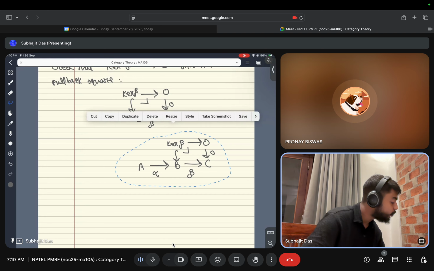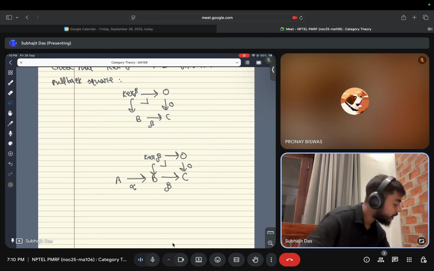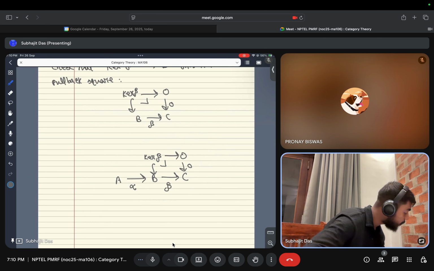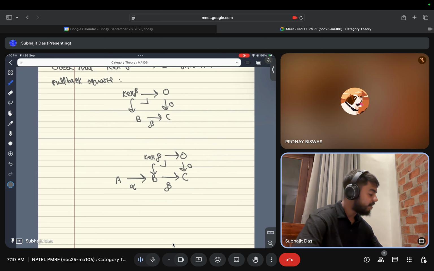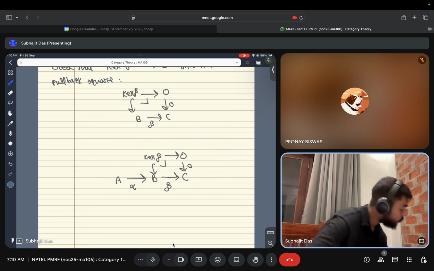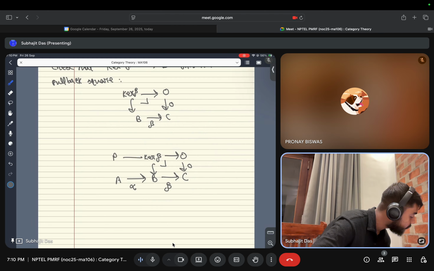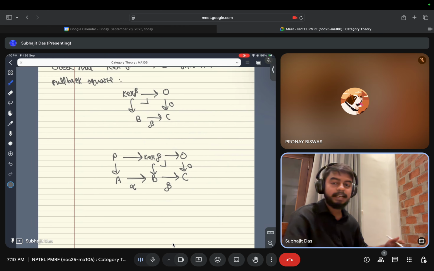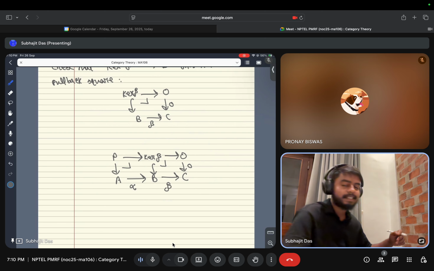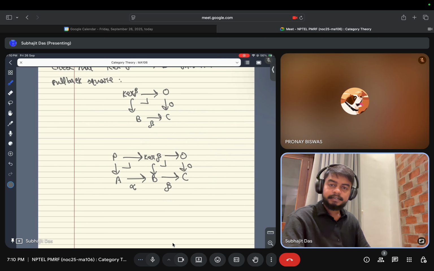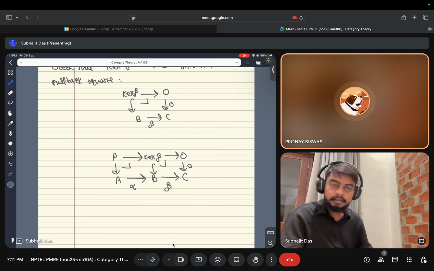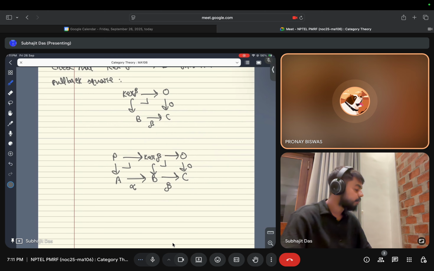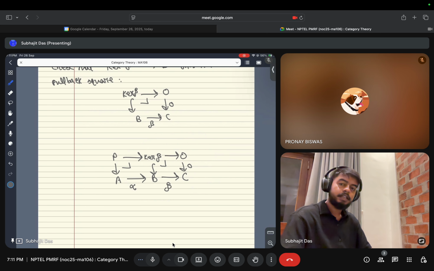what are we prompted to do right now, or rather provoked to do? We take another pullback. So what is this pullback? So A to B alpha, kernel of beta to B, let's call this pullback P. We take this pullback. What is the interesting thing about pullbacks that we know?